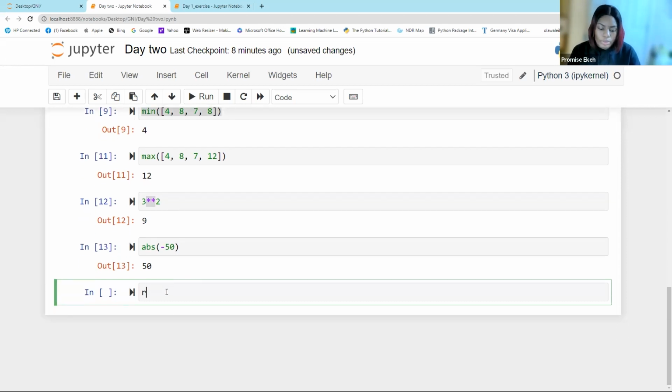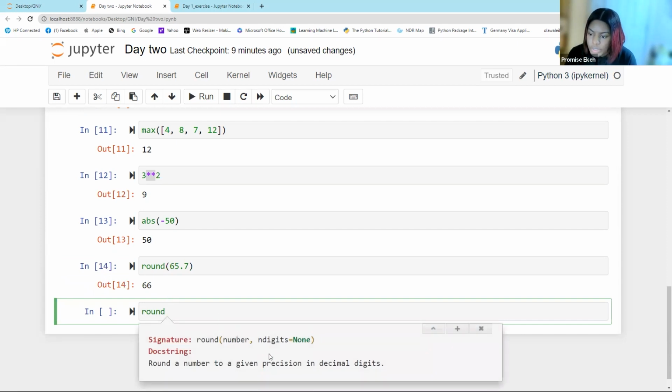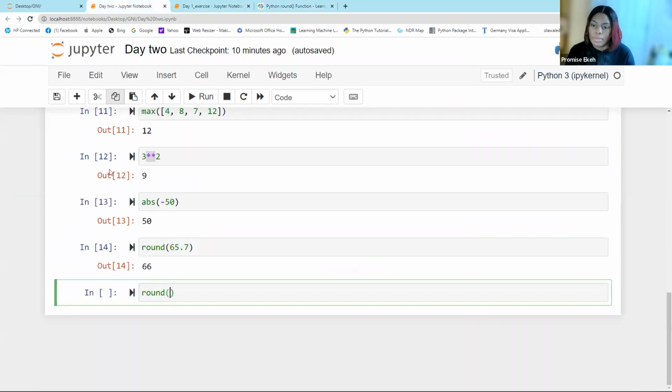We could also do round. So if I have, let's say 65.7, this just rounds it to the closest whole number. You could also round up or round down. So there are different ways you can round. You can also import math to round up or round down using the floor or ceiling method. So if I do, for example, import math, remember the math module.